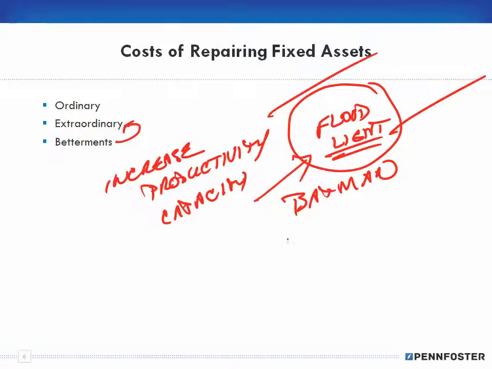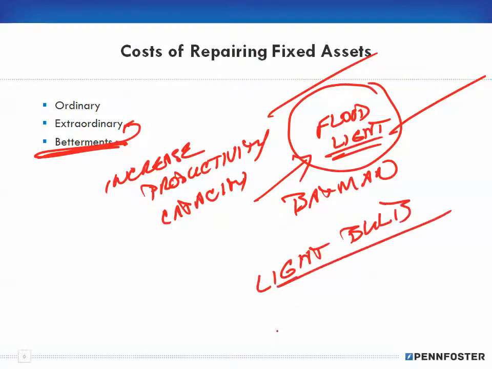But as far as a betterment is concerned, well, we changed the light bulb. We buy this floodlight, but we know that we can buy a different light bulb that increases the capacity to shine really, really bright. So the purchase of those light bulbs would be part of the book value of that floodlight.